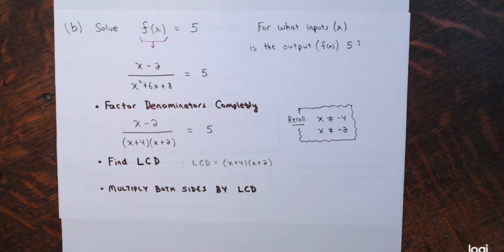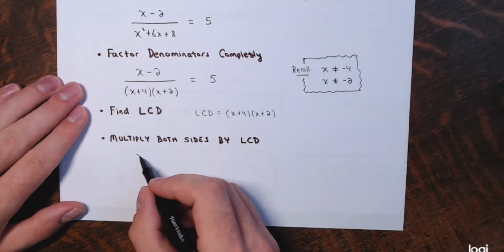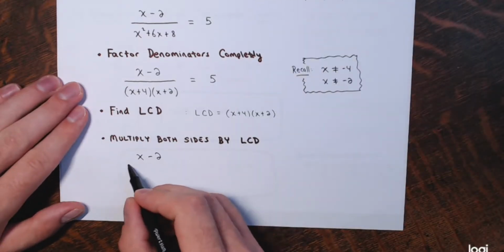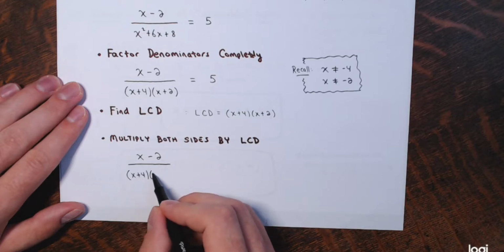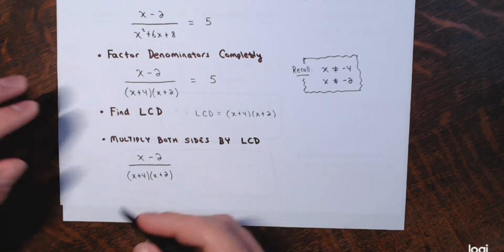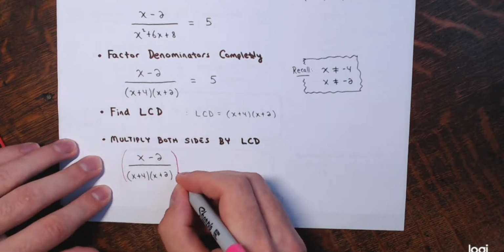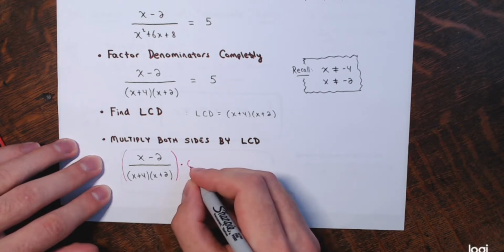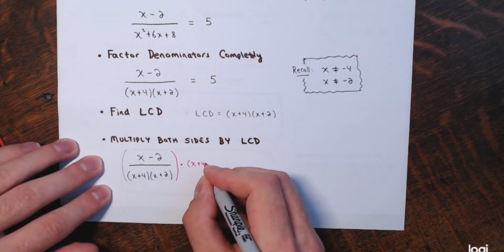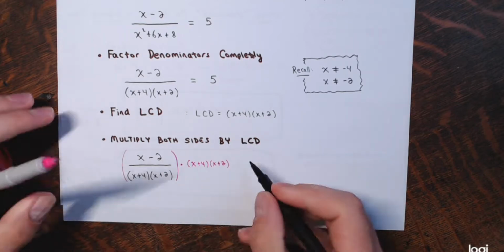Okay, so I take the left side, which is just this fraction, and there's only a single term over here, and I multiply that side by the LCD, and same thing with the right side.